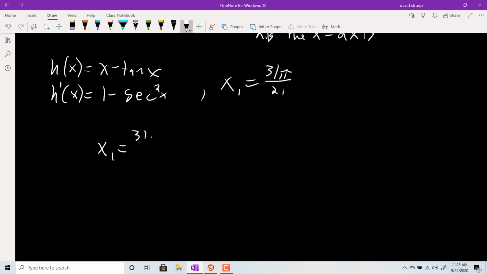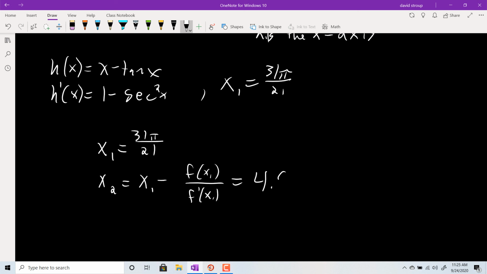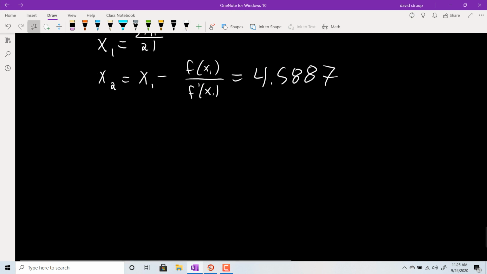Okay, so 31 pi over 21. x sub 2 is basically x sub 1 minus h of x sub 1 all over h prime of x sub 1. And in my calculator, I got 4.5887. You could do it on your own, but I had to go pretty far to x6 to get a good 3 decimal place approximation.